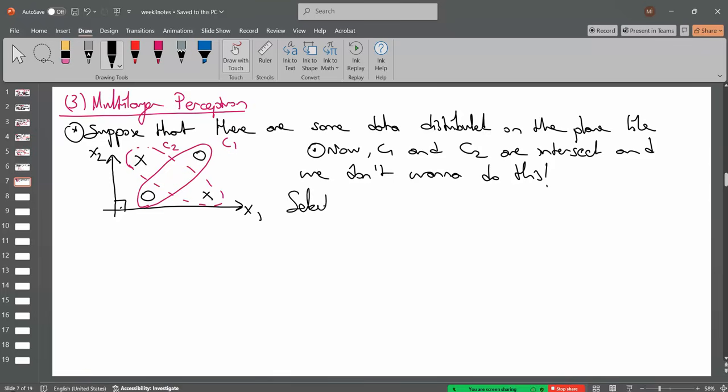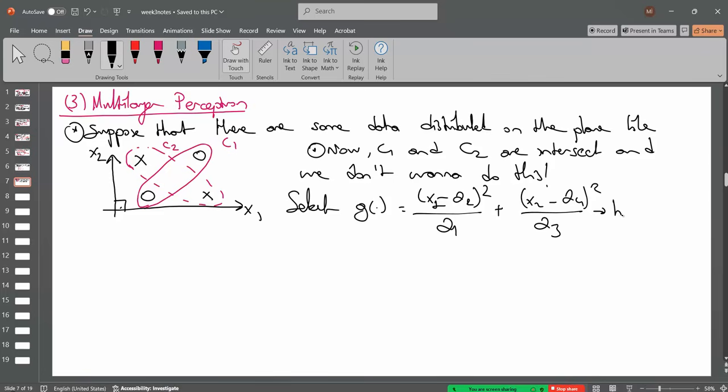For example, select the g function, just like this one: x1 minus theta 2 divided by theta 1, squared, plus x2 minus theta 4 divided by theta 3, squared. After that h is processed with the sigmoid function, exponential term of g.